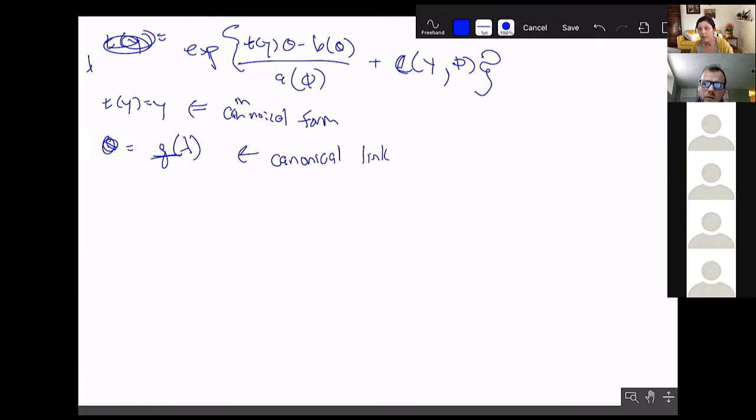It's the function of your original parameter defined by theta when your distribution is in natural exponential family form. I'm happy to talk to you about it through email or outside of class time.